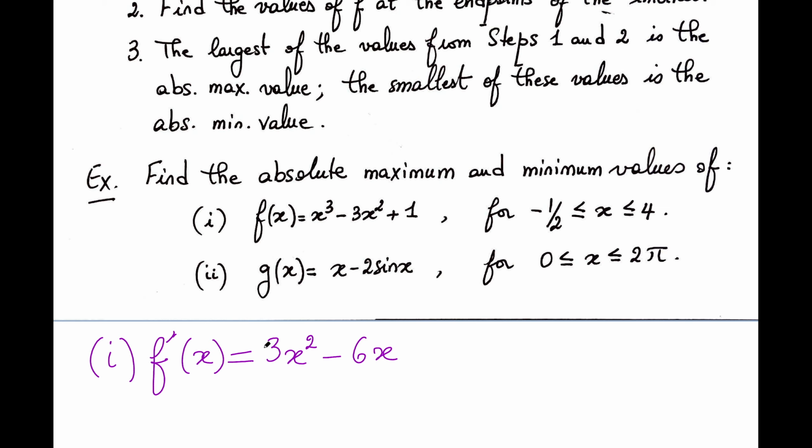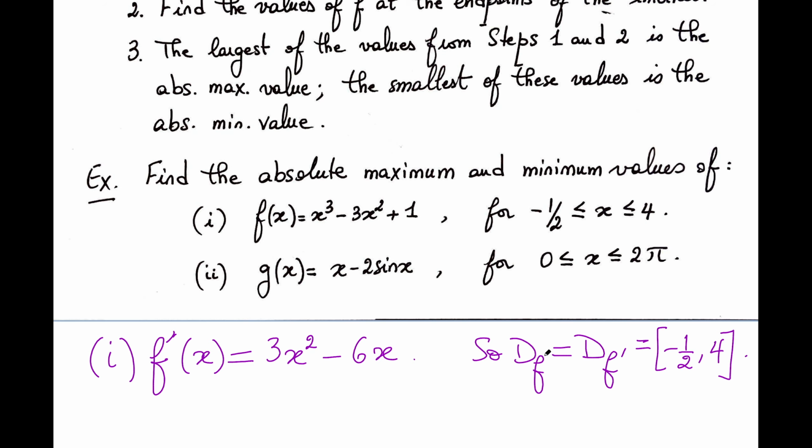So f prime exists for all real numbers, and hence it's going to exist for all numbers between minus half and 4. So long story short, the domain of f and the domain of f prime are the same. They are both [-1/2, 4], right?